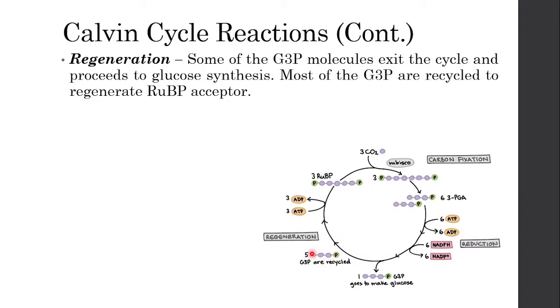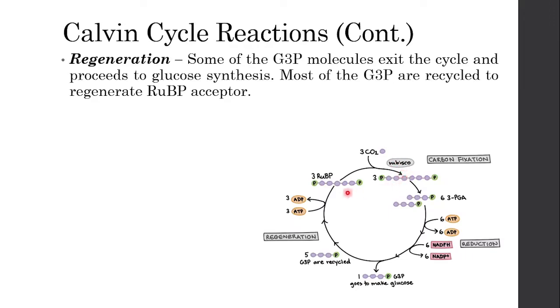And what happens is that these 5 G3P undergo regeneration. We're not going to talk about the whole process, but these 5 G3Ps use ATP to recreate the 3 molecules of RuBP, or ribulose biphosphate, that we lost during carbon fixation, because we utilize this RuBP during carbon fixation.